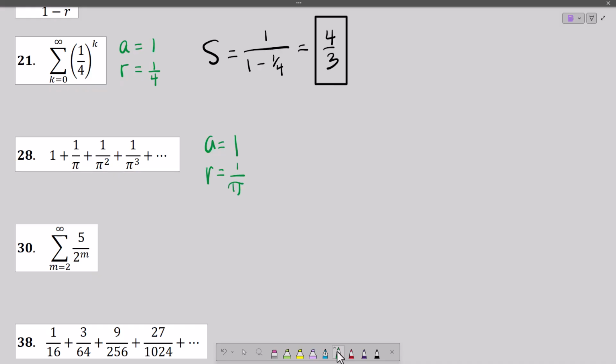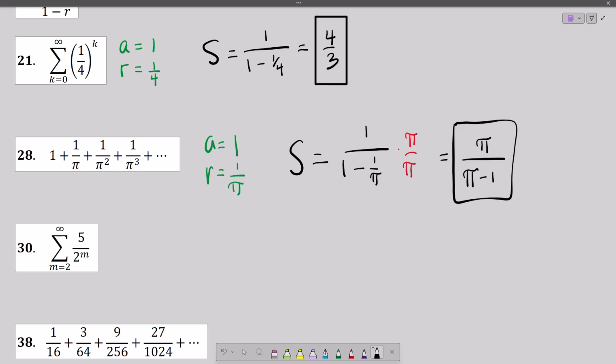So the sum of this infinite series is 1 over 1 minus 1 over pi. If you multiply top and bottom by pi, you'll clear the fraction, and we end up with pi over pi minus 1. So that is the sum of that infinite series. It's way easier to use an infinite series than a finite series.